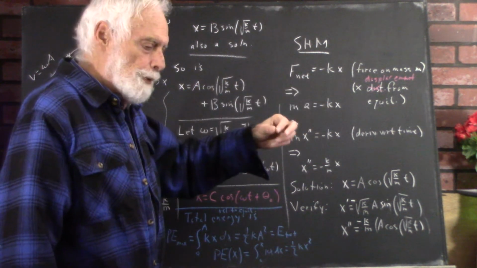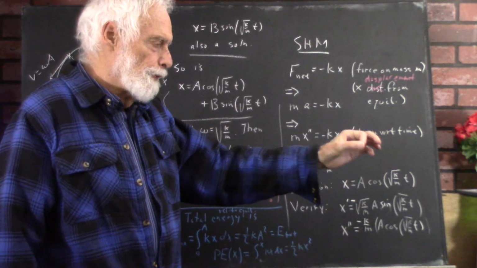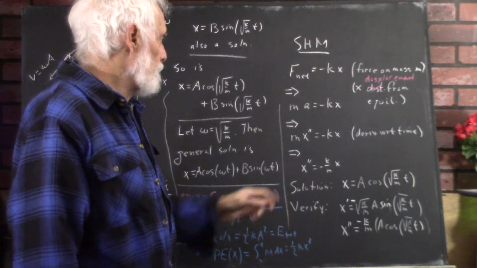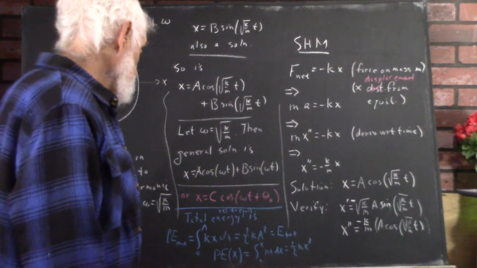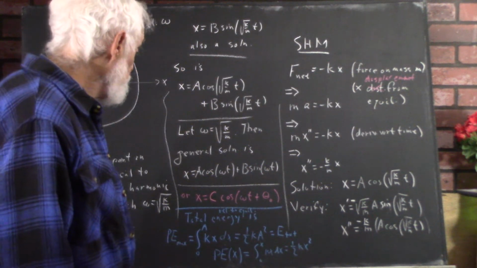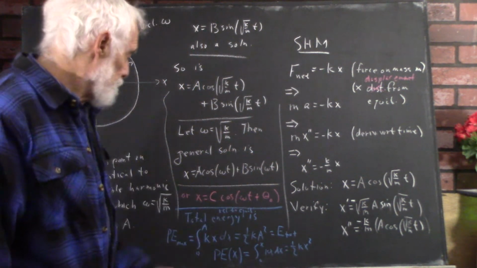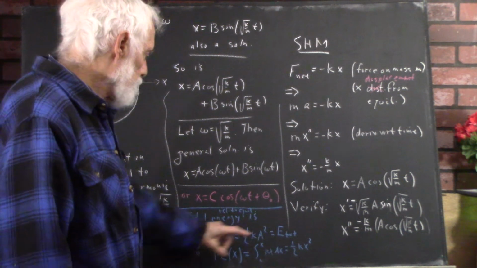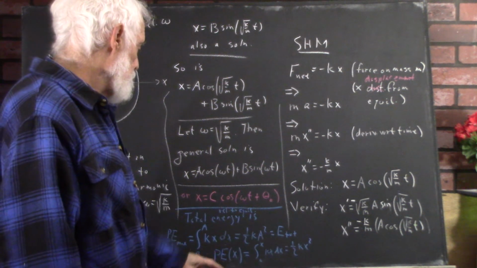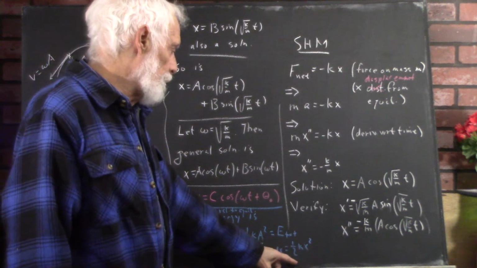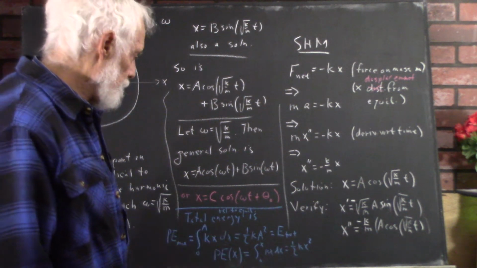It doesn't matter whether you're moving from equilibrium out to this position or from this position back to equilibrium, and that force is still negative kx. So that's a path independent force, meaning that energy is conserved, so your maximum potential energy is your total energy. And your potential energy at position x is this. So what's your kinetic energy at position x?